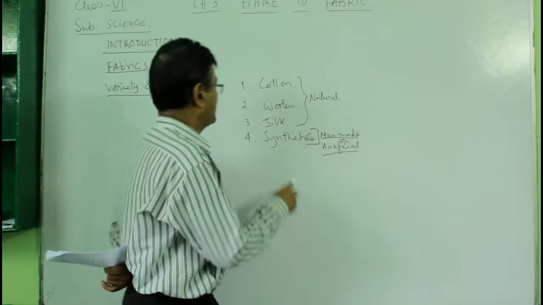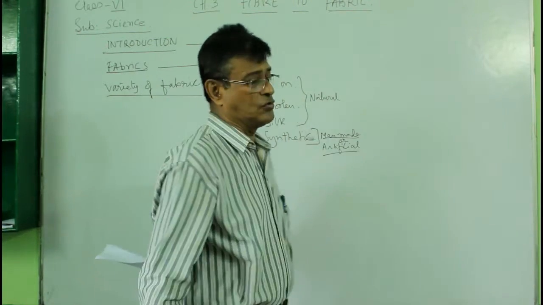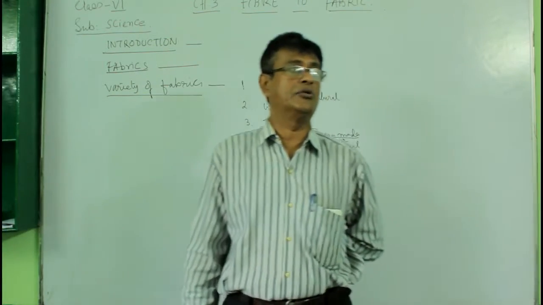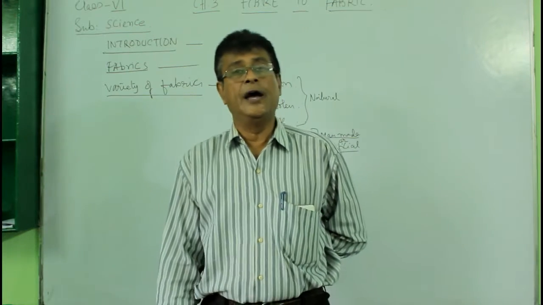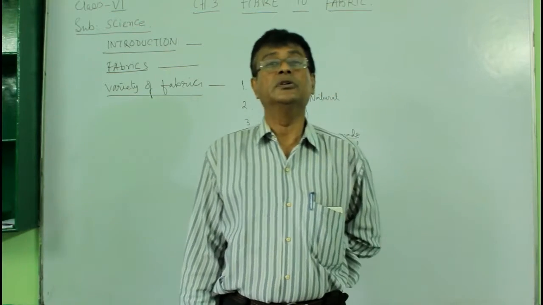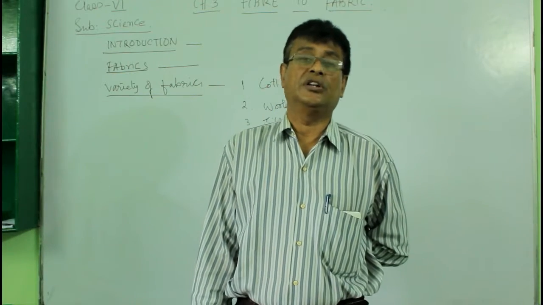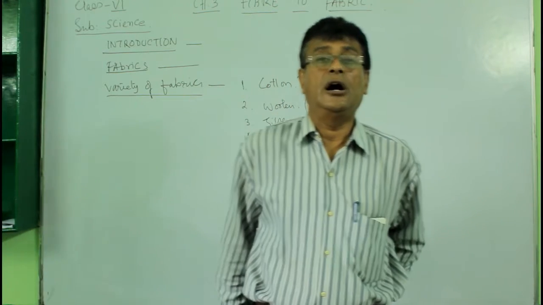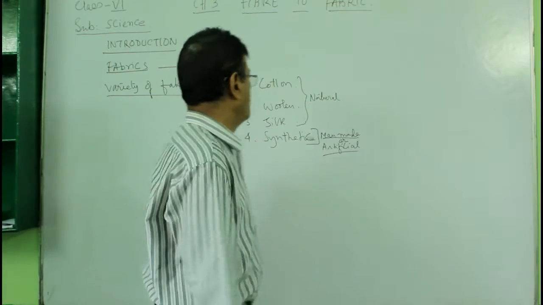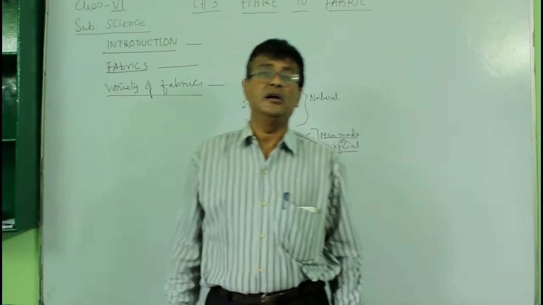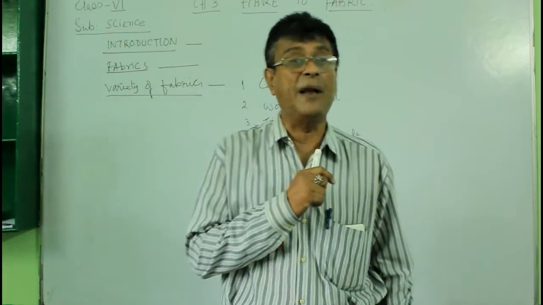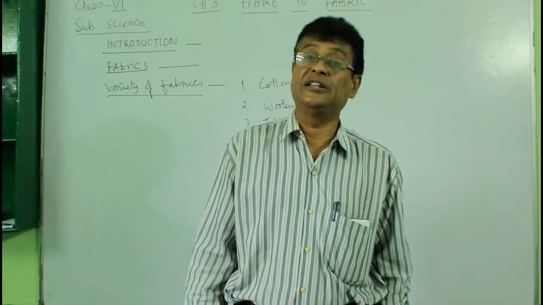Alright, now next is woolen clothes, which I was speaking about right now, for places where it is very cold. You go for warm clothes, and these clothes are made out of wool fibers. Now, how do you get the wool? Wool is also a natural fiber, but it is not obtained from plants, we get it from animals.